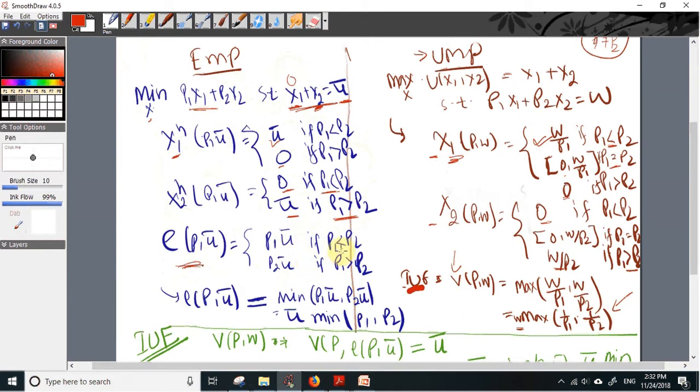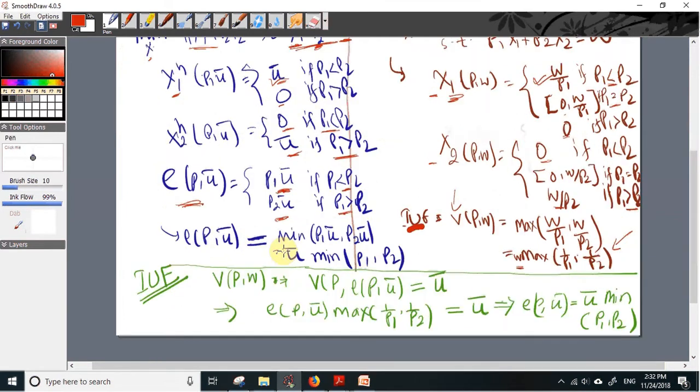We can express the expenditure function also in two cases. The first case is P1 is less than P2. In this case, the consumer buys U bar amount of x1 and the total expenditure is P1 U bar, and if P1 is greater than P2, the consumer doesn't buy any x1 but buys U bar units of x2, and the total expenditure will be P2 times U bar. Now we can write, by combining these two, a single expenditure function as E(p, U bar) equals minimum of P1 U bar, P2 U bar.